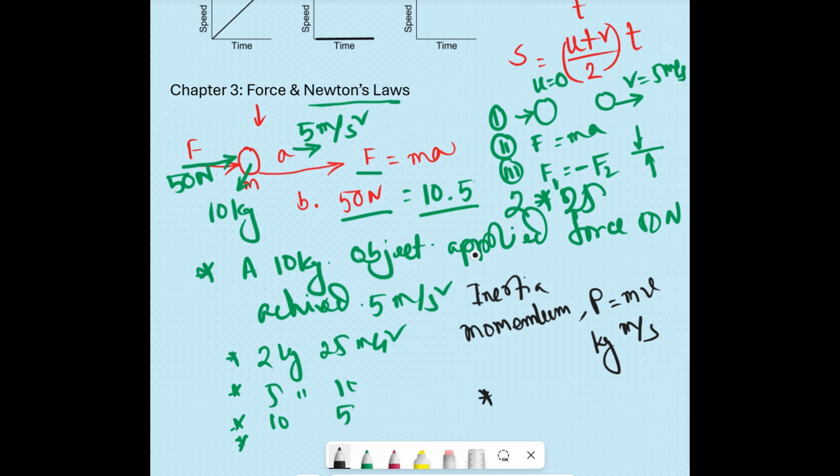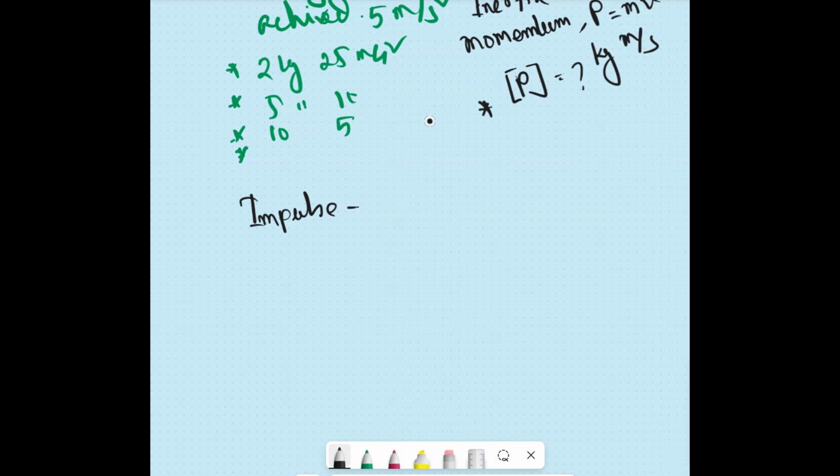Okay, the students who are going to appear for the SSC, let's try the dimension of momentum. Okay, this is your homework. Afterward, another topic is impulse. So impulse is denoted J and is equal to change in momentum.